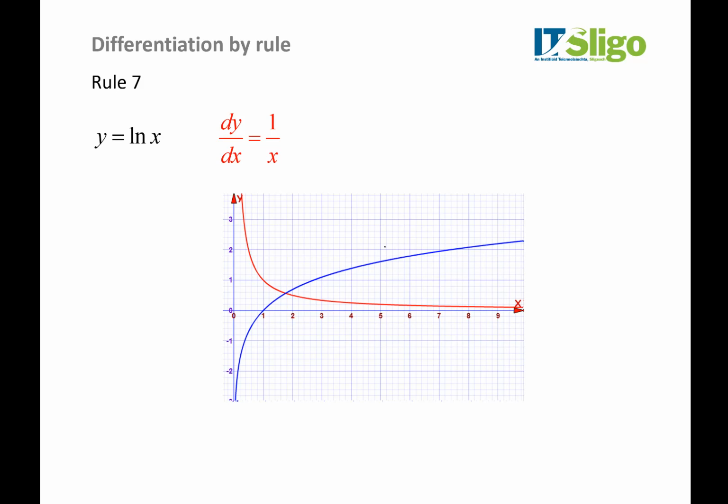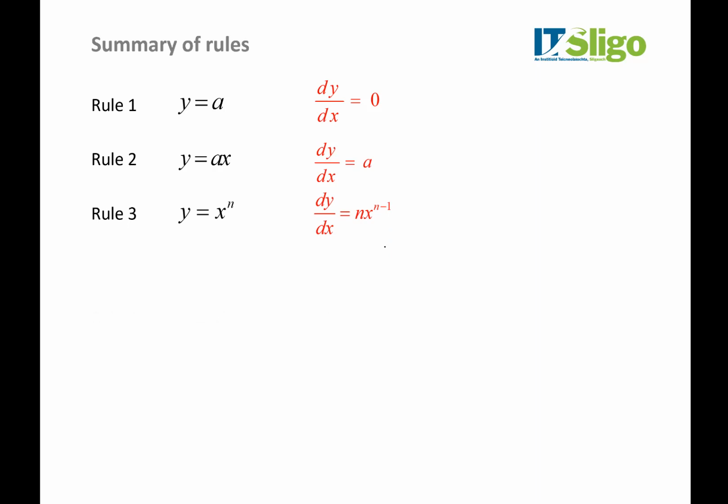The red line is just telling us what the slope of the blue line is at any moment. So that sums up all the basic rules of derivatives. And like I said, you'd always be given these in an exam situation. They'd usually be in your log tables.